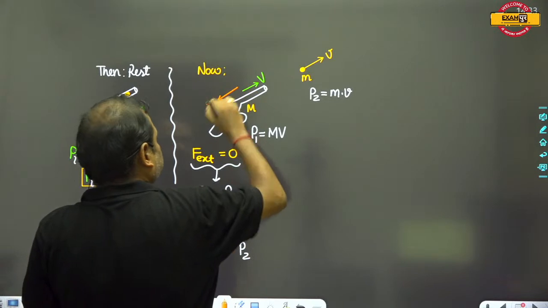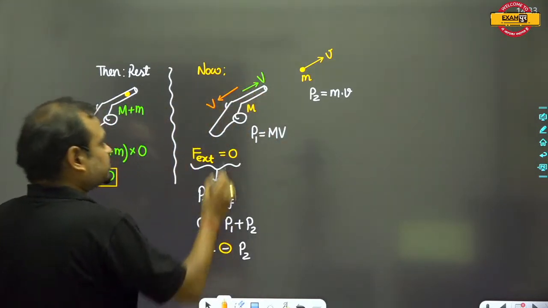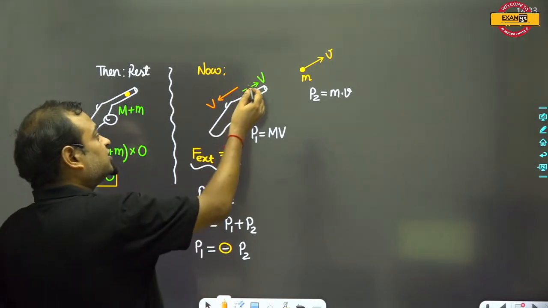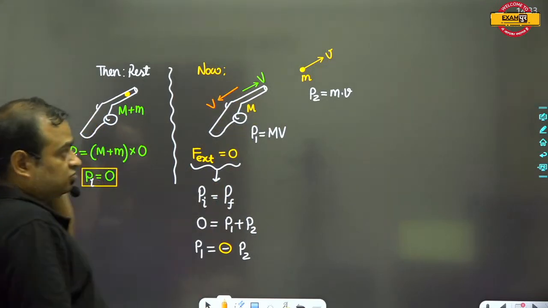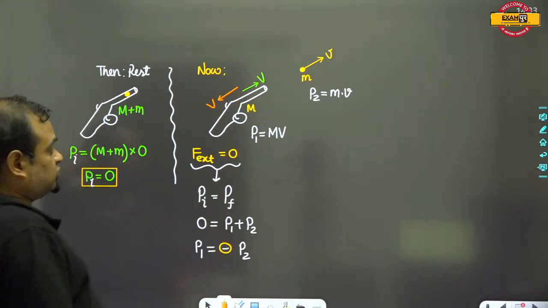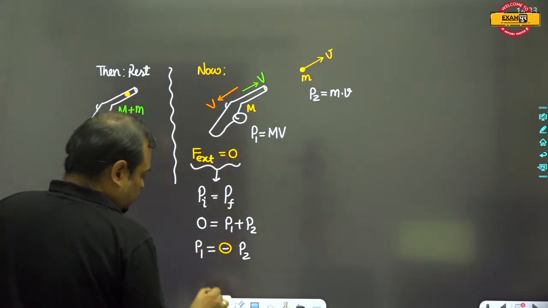So this will be the correct answer. The other will be wrong, because this negative sign shows that the motion of the gun will be opposite to the direction of motion of the bullet. So this holds true.